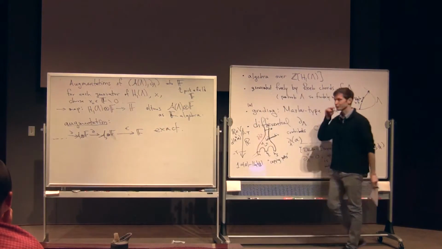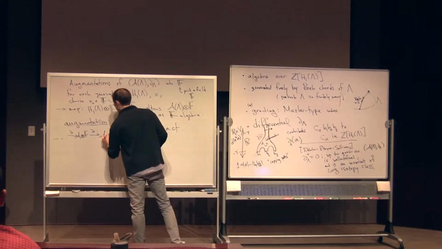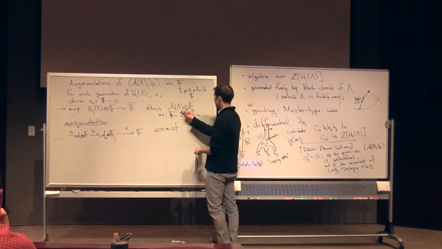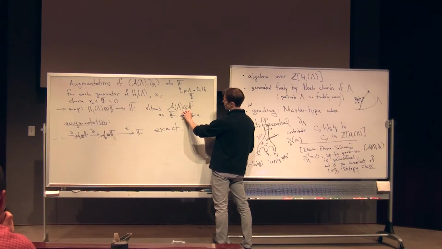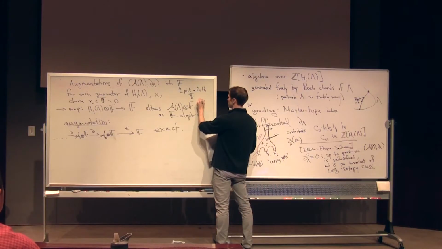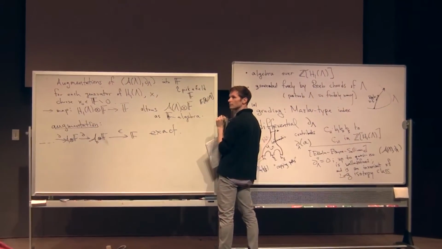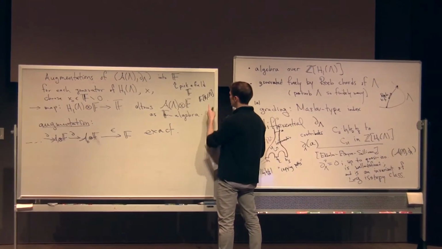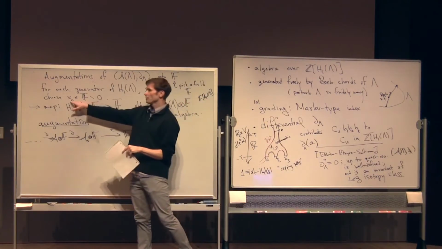Well, this tensor product is naturally an F[H1 of lambda] algebra. And so now multiplication by each generator of H1 should correspond to just multiplication by this element.